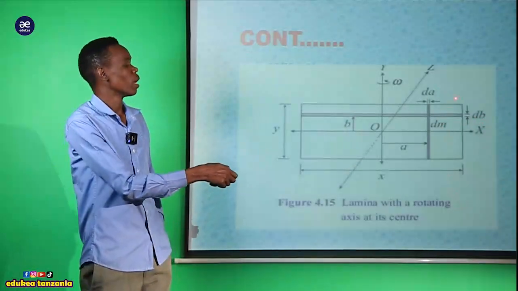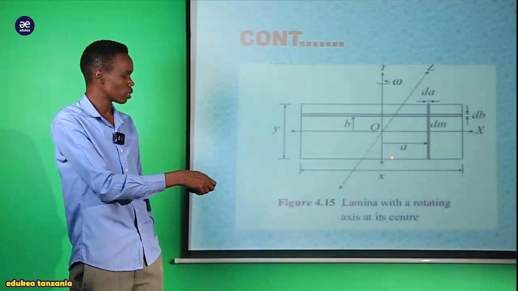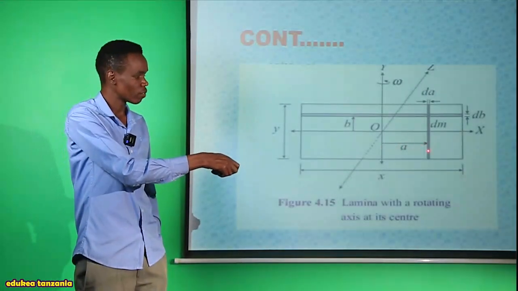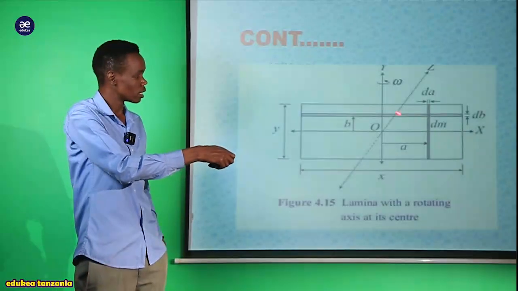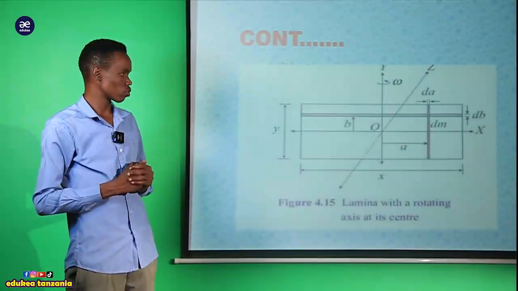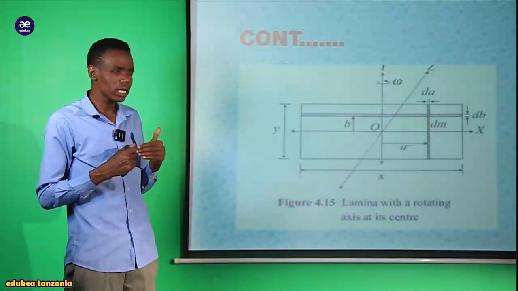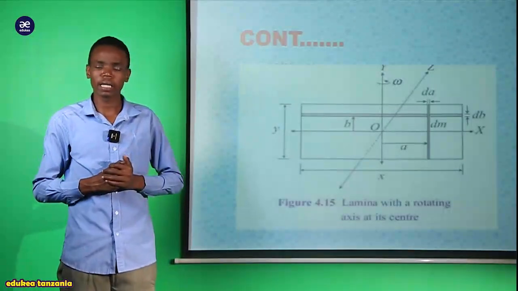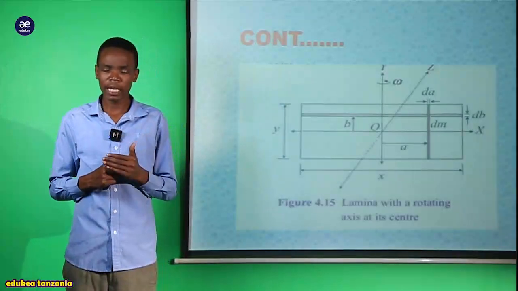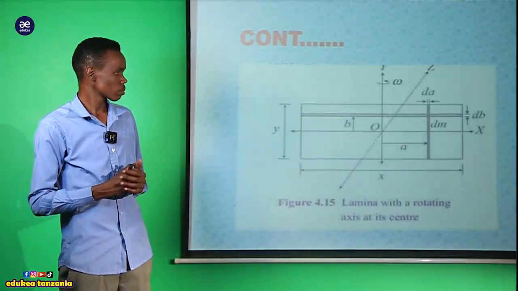For the vertical one, the distance is a, so the small increase must be represented by da, as we observe. So, my dear student, how can we get the moment of inertia for the lamina using the perpendicular axis theorem?